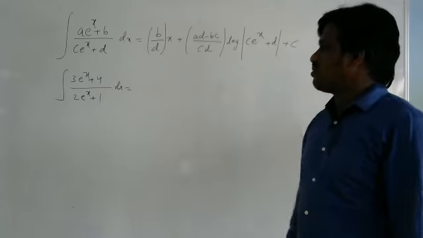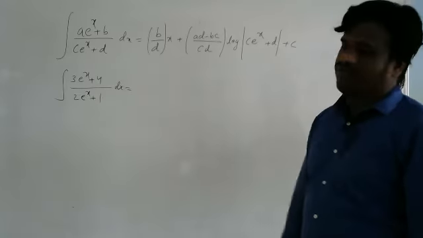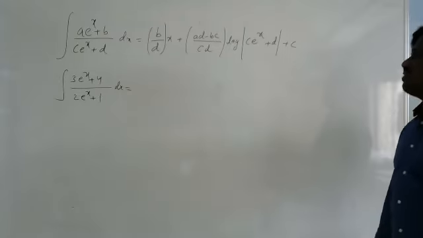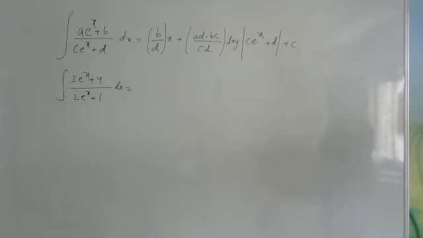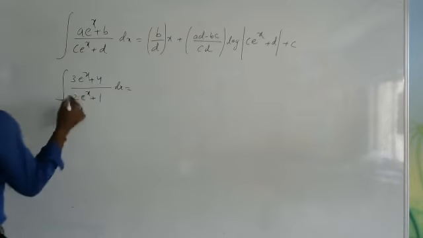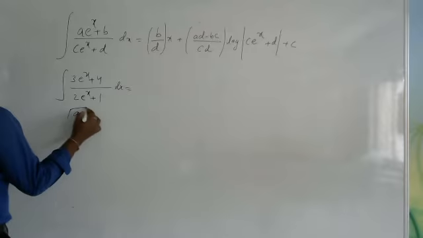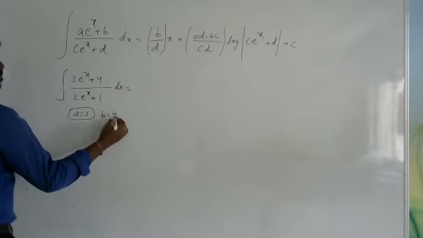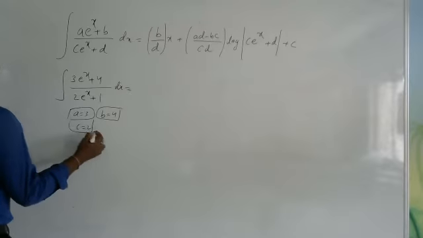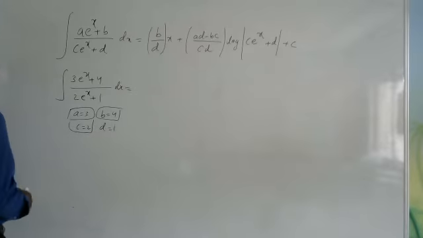You want to solve such questions, so we can use the above formula: b by d into x plus ad minus bc upon cd log mod c e power x plus d plus c. According to this, A is equal to 3, B is equal to 4, C is equal to 2, D is equal to 1.